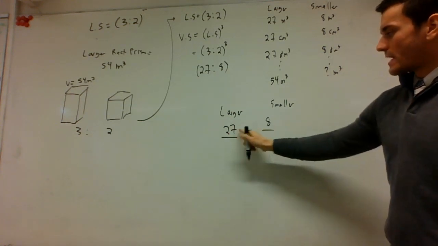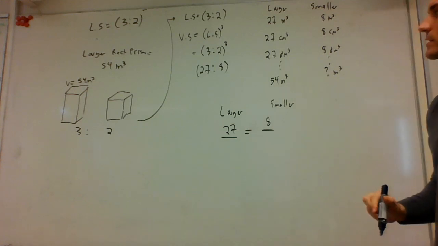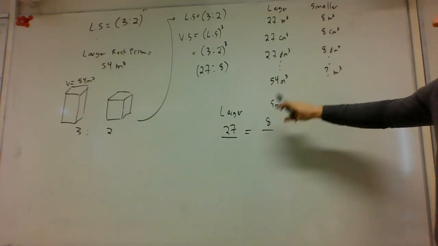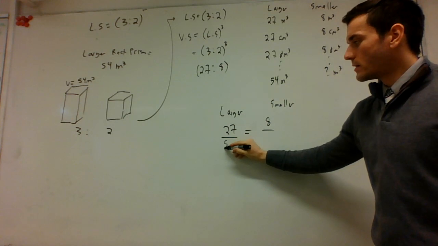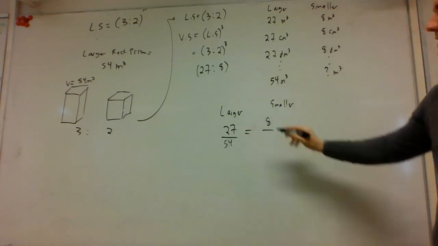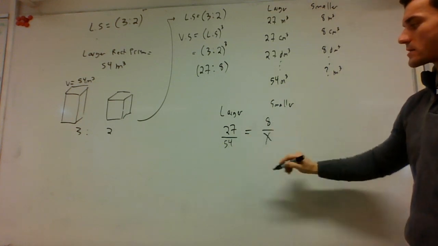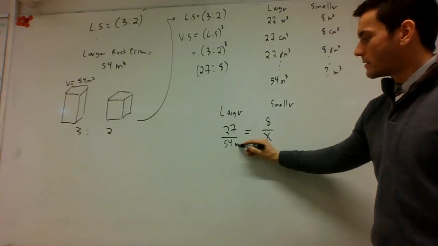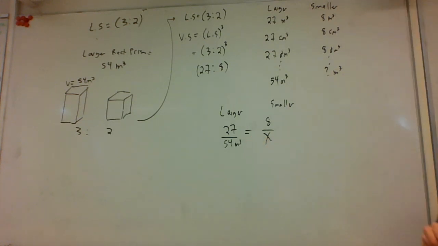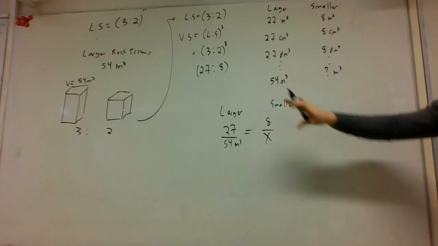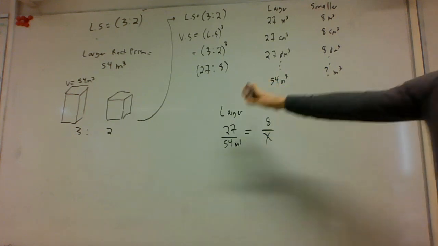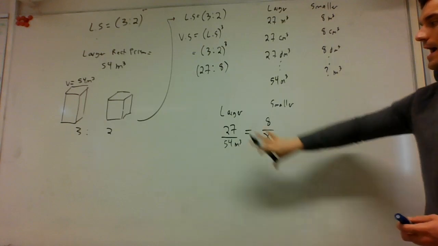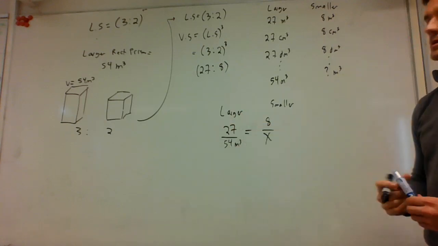So 27 gives us 8 in the smaller one, and we were told the larger one is 54. So over here with the larger one, 54 will become x, because I don't know the volume of the smaller one. I'm also going to add meters cubed just so I remember my units. Now that we've set this up, we're comparing the larger to the smaller.